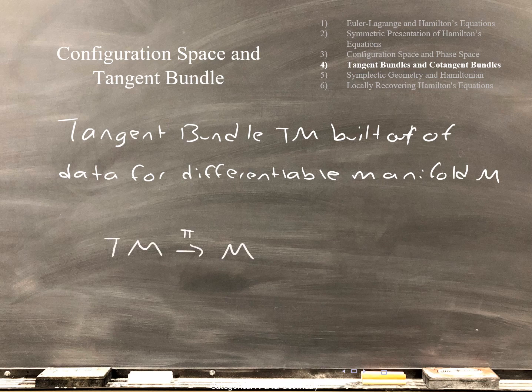Right. So a little bit more precisely, without going into the full details here, we're going to have our 2n-dimensional manifold, which is the tangent bundle. Our space, which is locally just characterized by the generalized coordinates, will be M. That's going to be n-dimensional. And these are going to be related by a smooth surjective map. So this is like some kind of a projection appearing right here.